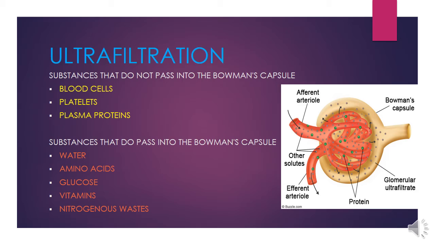This increases the pressure inside the glomerulus and facilitates ultrafiltration. Blood cells, platelets and plasma proteins do not filter, but other substances like water, amino acids, glucose, vitamins and nitrogenous wastes filter into the glomerulus. This is known as the filtrate, or glomerular filtrate.